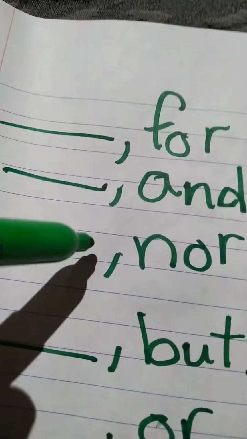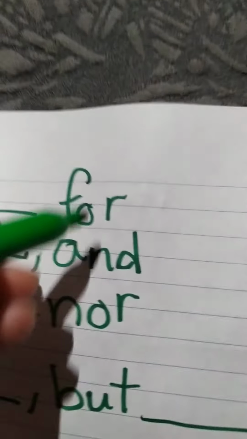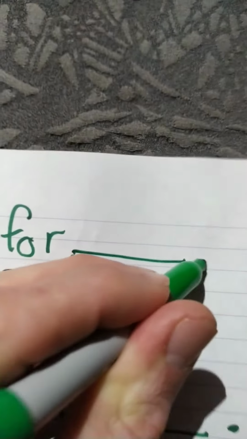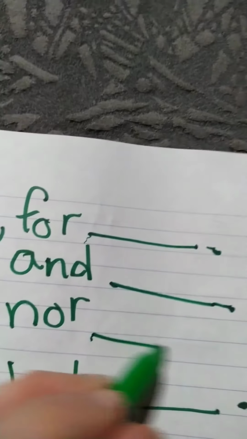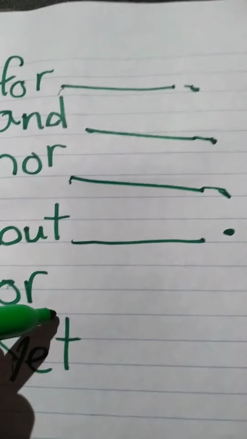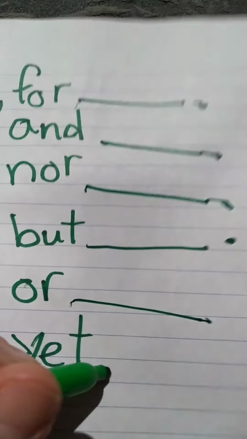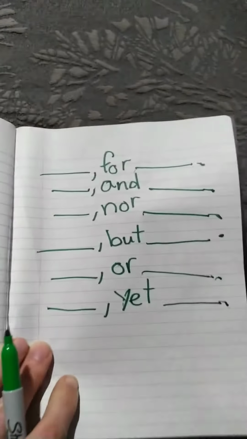Because that'll be our first simple sentence. And then after it, you want to draw like a line and a period. We're not actually going to write anything in these lines. It's like a little demonstration. Okay. So maybe something like this. Okay. So these are all different ways you could combine two simple sentences.